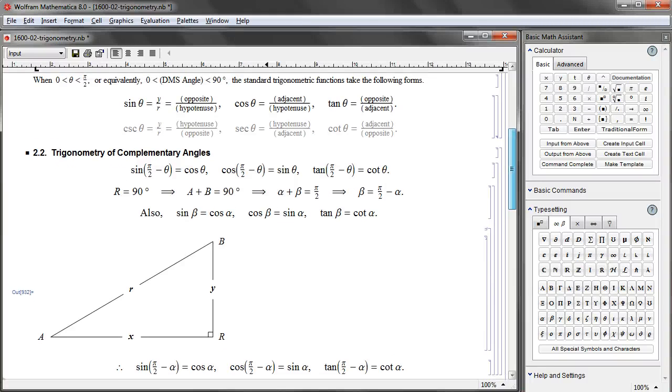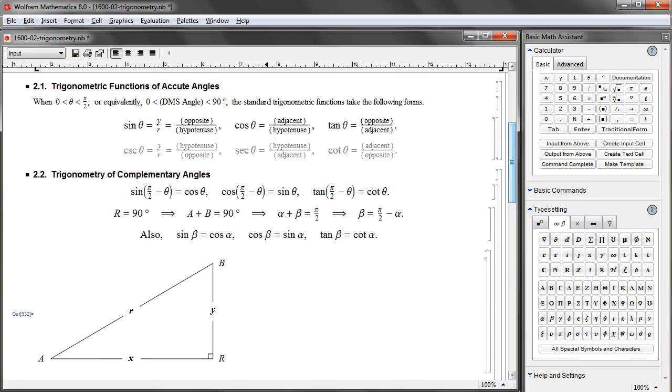Okay, let's suppose we have a right triangle like this, ABR, and the angle associated to point A is alpha in terms of radian measure, and the angle associated to point B is beta in radian measure.